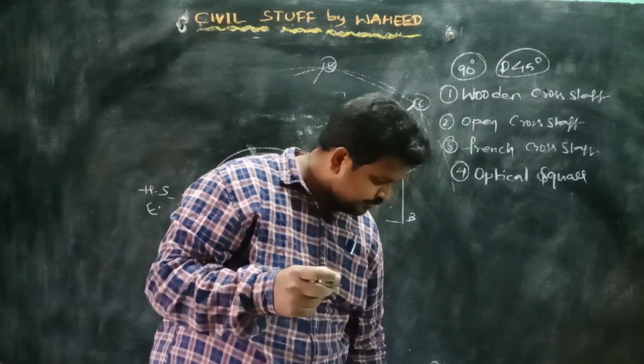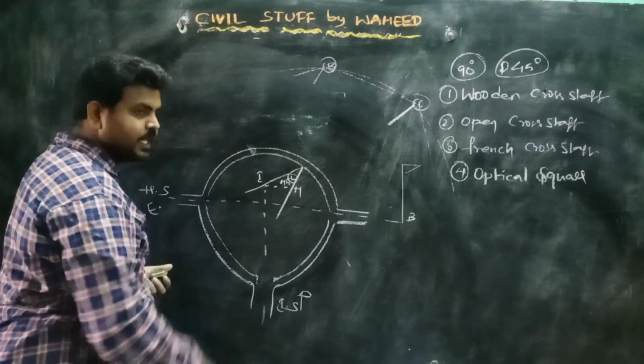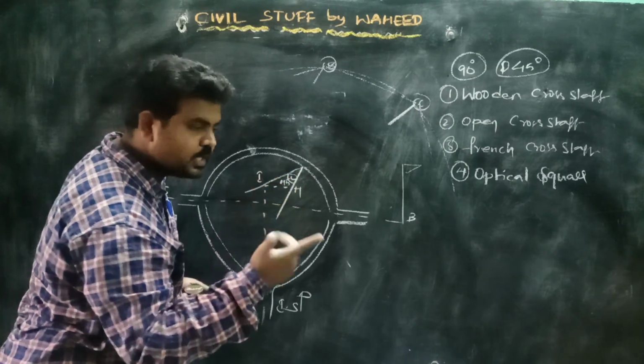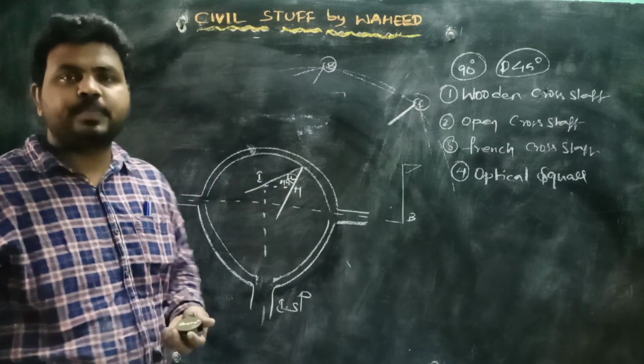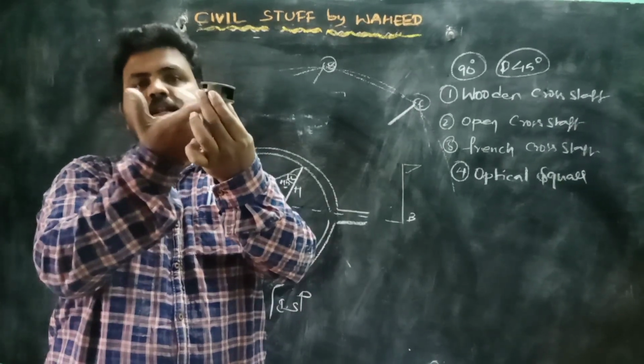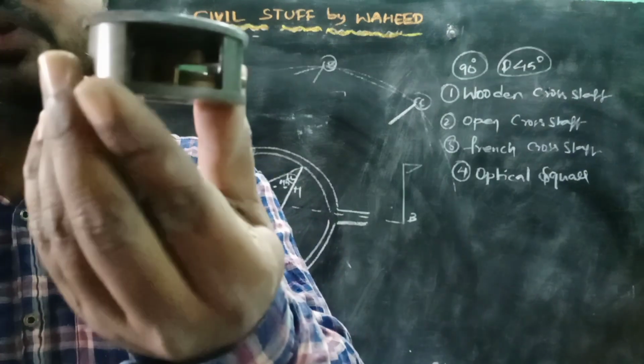Next, in that you will be having, as I said, two glasses. One is the horizontal glass, which is called the horizon glass, and the next one is the index glass. They both are fixed to the bottom of this metal box. I will try to show you.